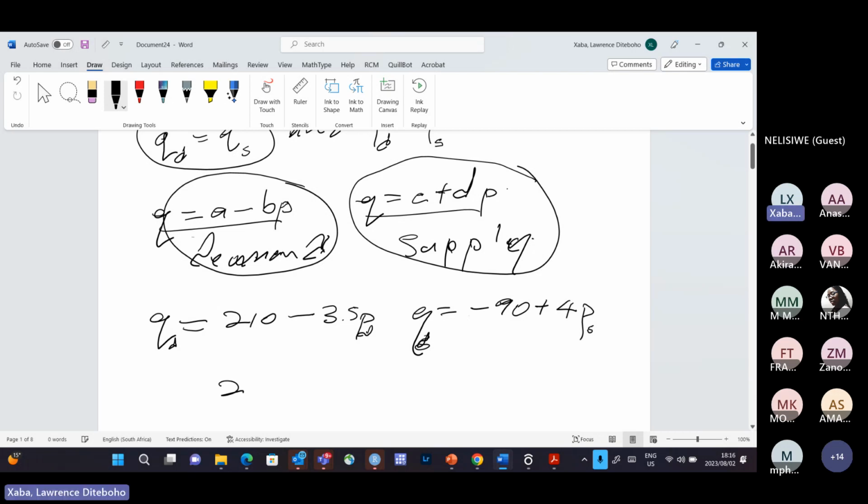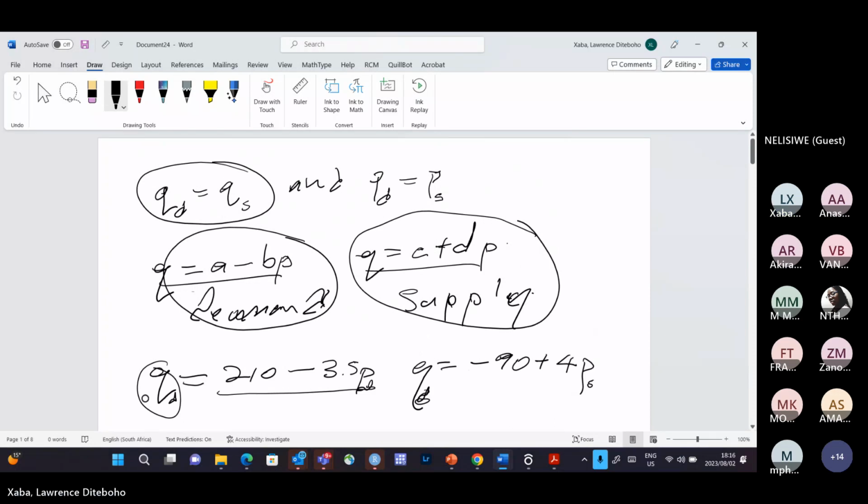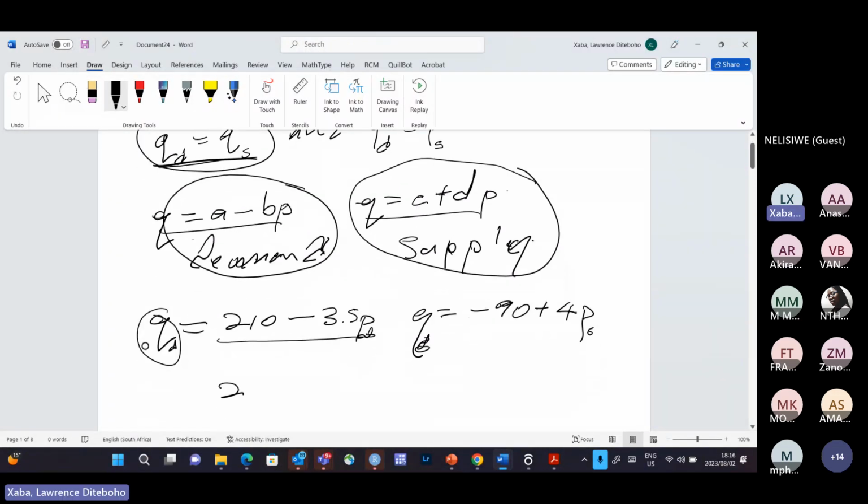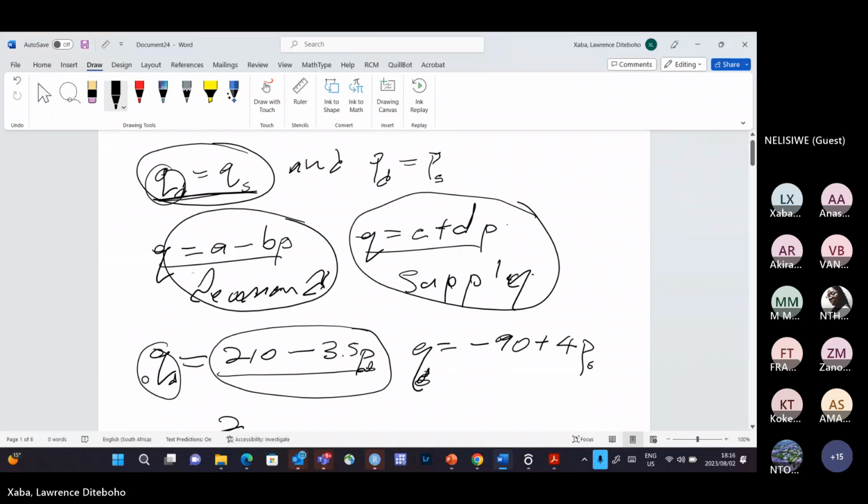So we say, okay, QD is equal to 210 minus 3.5 P subscript D, so in our equation, where we see Q subscript D, we'll substitute that with 210 minus 3.5 P. Same goes for Q subscript S equals to minus 90 plus 4 PS.